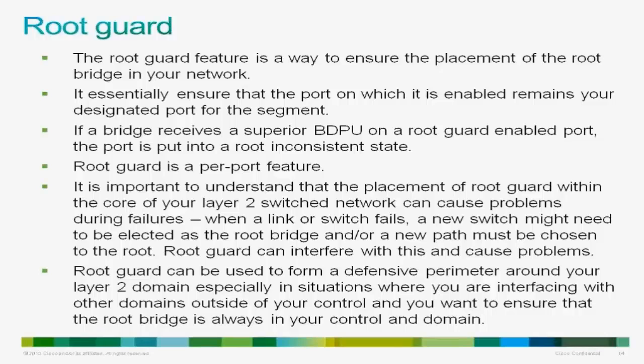So the interfaces which face your customer, you can go ahead and configure root guard on that. So if your customer is doing some fancy things in his network and he wants to make his switches the root bridge, when they try and send superior BPDU information to your domain, that will error disable the interface and prevent that from happening. So that's a handy way of using root guard in your topology.